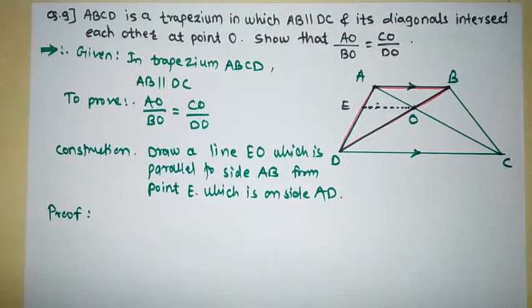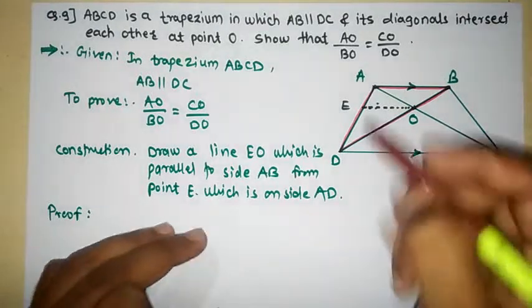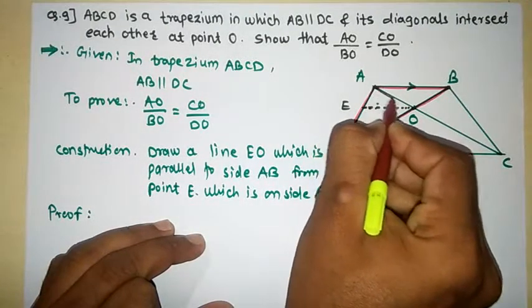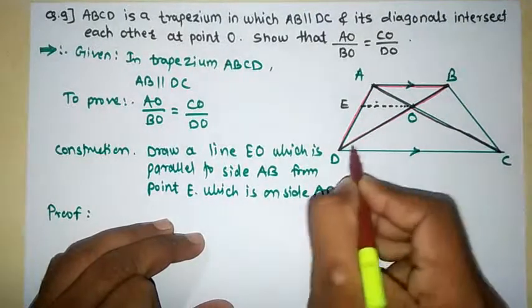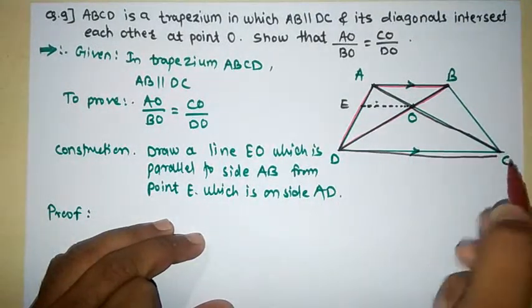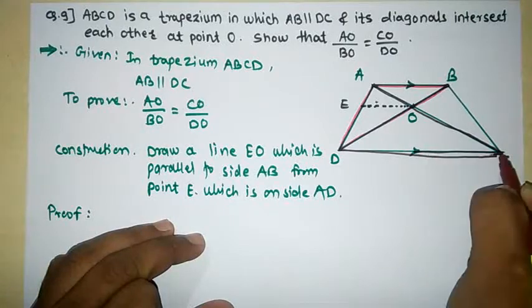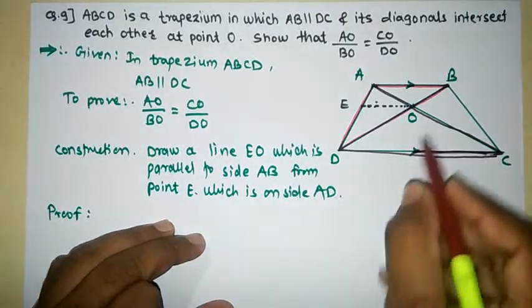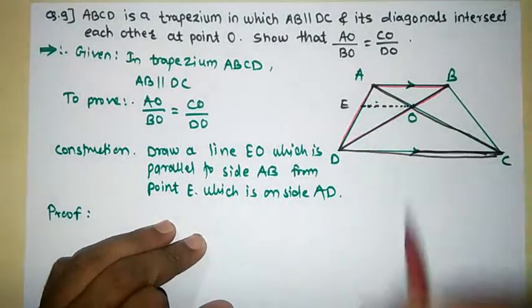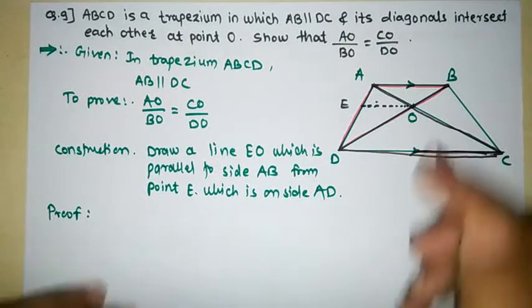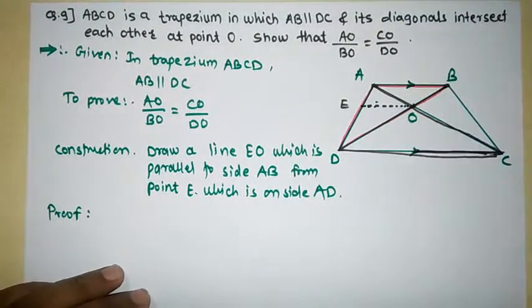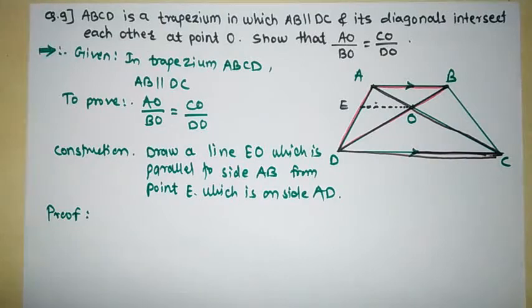And one more triangle is there, in triangle ADC also, this ratio AE by ED is the same. Therefore, we will use that and we have to prove here.